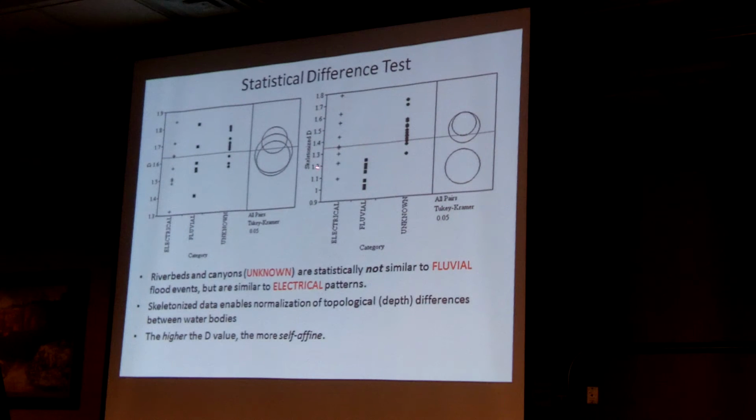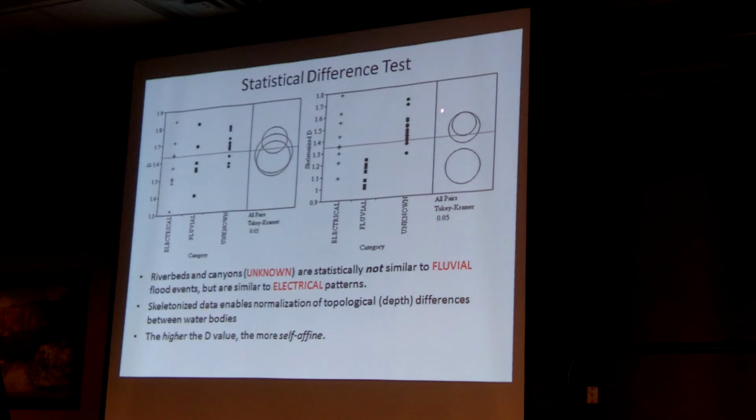All right? But when we skeletonize them, that's when the branching comes out. And that's when we see the differences, the bare bone differences in these patterns. This circle is associated with the fluvial event. It is statistically dissimilar from both the unknown geological events and the electrical events.